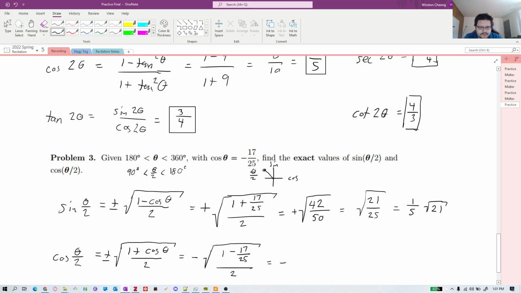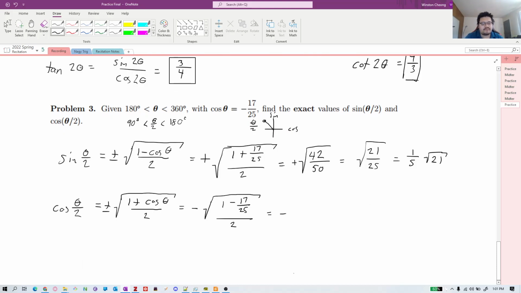Okay, and let's see what happens. So 25 minus 17, 8. 8 over 50. Because again, it becomes an 8 over 25 on top, and then divided by 2. The divide by 25 and the divide by 2 will combine to be divided by 50. And we can simplify the fraction inside.